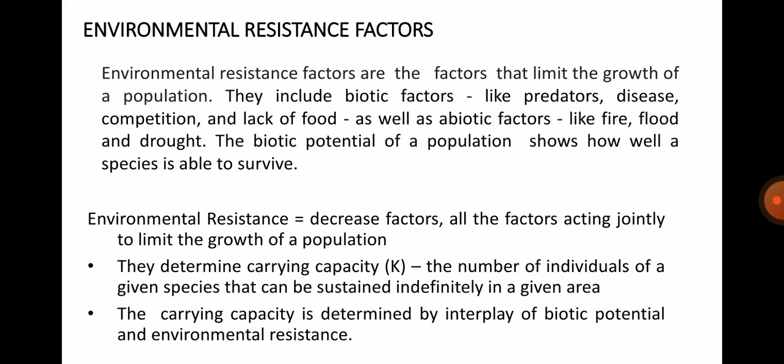They determine carrying capacity, that is the K, the number of individuals of a given species that can be sustained indefinitely in a given area. The carrying capacity is determined by the interplay of biotic potential and environmental resistance.